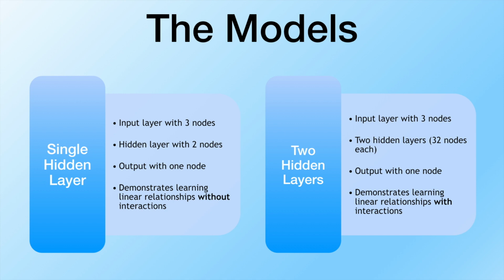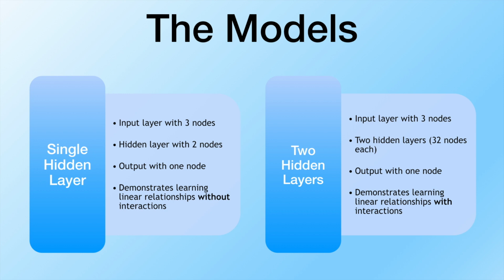We can also take a quick look, if there's time, at how it performs compared to our next model for interaction terms. So on that next model with 2 hidden layers, again, we're still going to have 3 nodes for the input because we're going to be using the same data, but we're actually going to be predicting different values because we're going to add some relationships. So those two hidden layers will have 32 nodes each. As we build up layers and we start looking for more complex relationships, we can no longer use so few nodes. We generally have to add more.